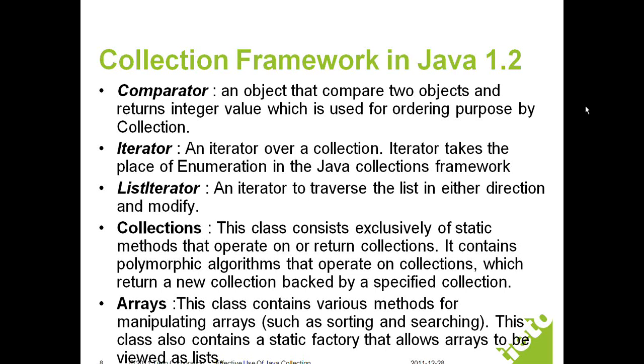If you don't want to provide a comparison logic in the class of the object which you are putting in a tree set, or in another case where I want to sort my objects on different criteria in different scenarios, we cannot depend on one single compareTo method.